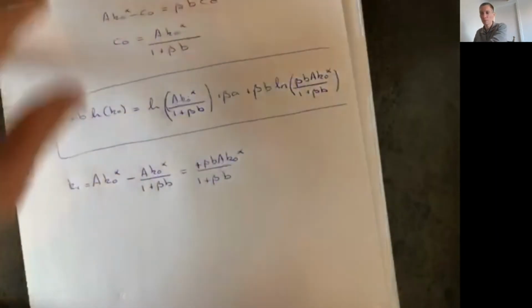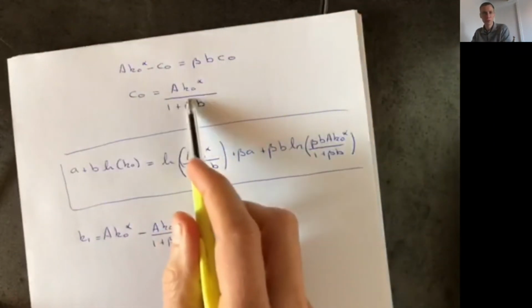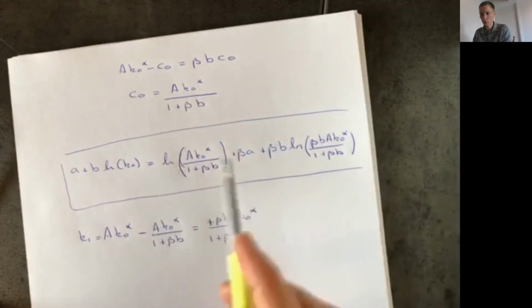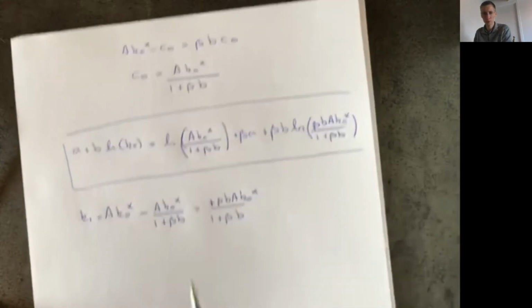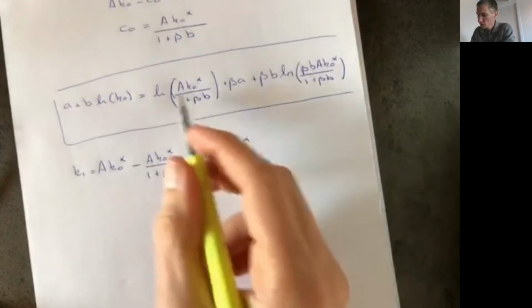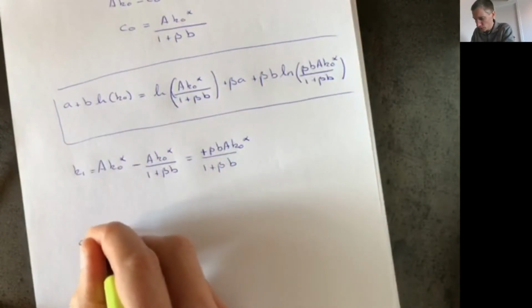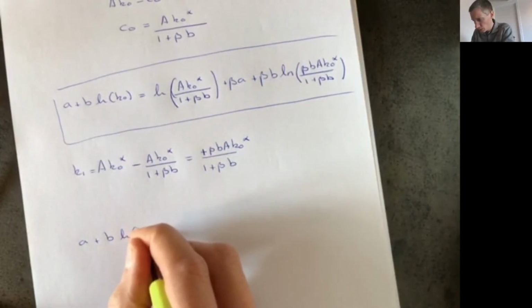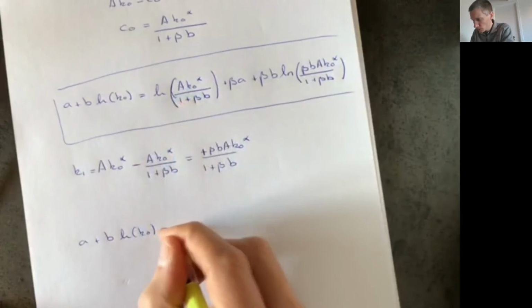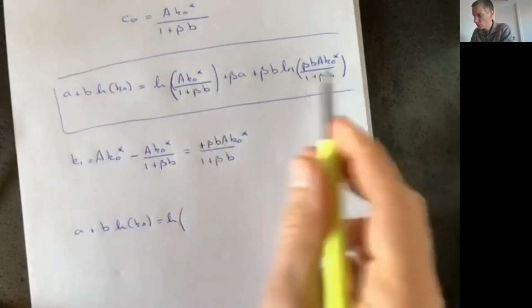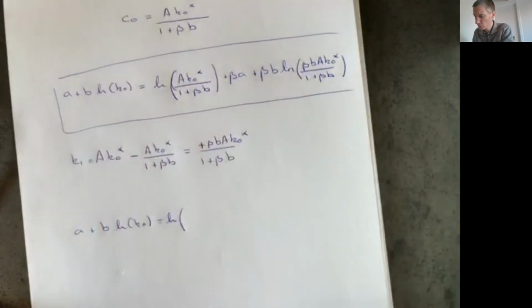I don't have a max problem anymore because I already have the optimal solution. I've substituted in the objective function, and I get this expression. So I can rewrite this: a plus b ln k0 is equal to ln. Let me try to put the k0s separately.